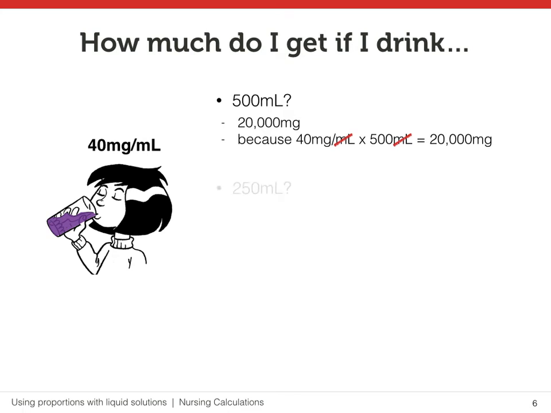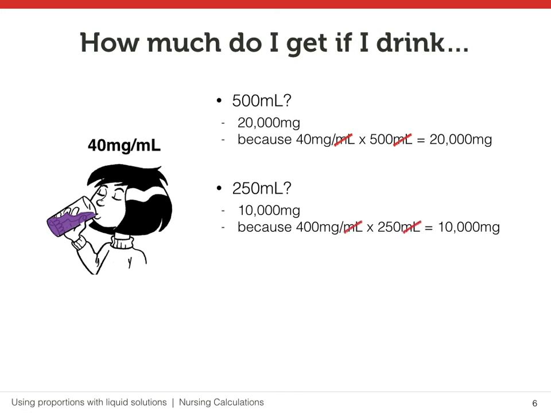If we drink 250 mils of the liquid, we will be receiving 250 lots of the 40 milligrams per mil, which is 10,000 milligrams, and the working out for that is similar.